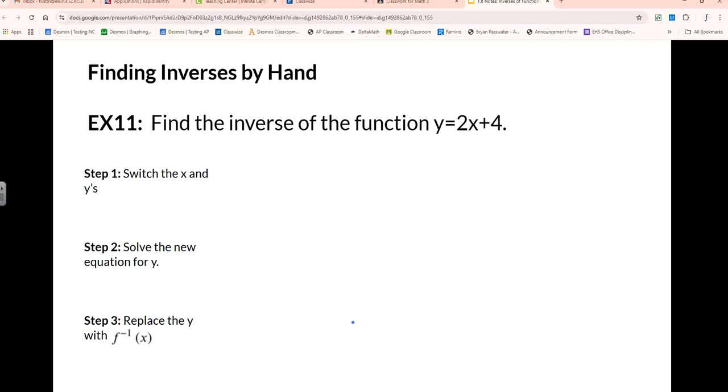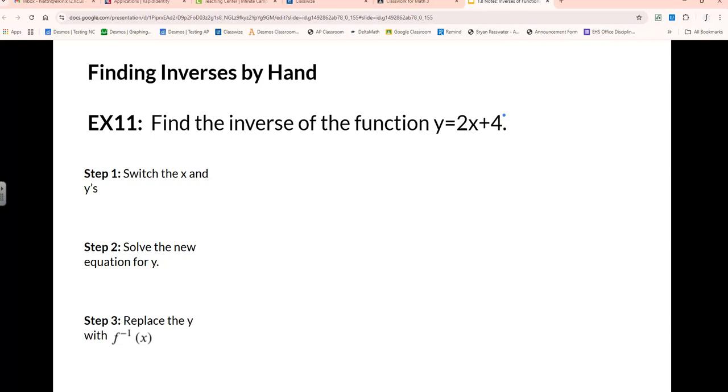Whenever we're doing this by hand, whenever we have an equation, what we end up doing, right, when we looked at the graph, what did we do with our x and our y coordinates to make an inverse? We switched where they were at, right? So when we had that table, we made all the x's our y's and all the y's our x's.